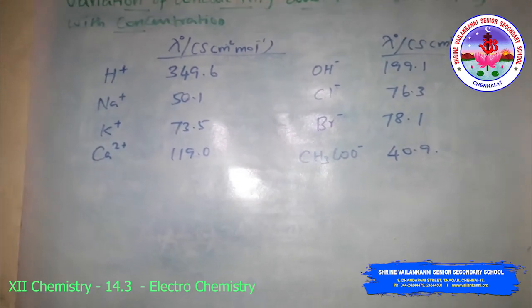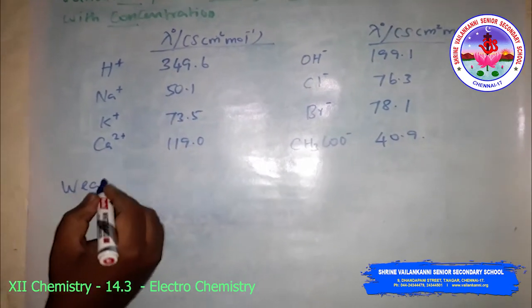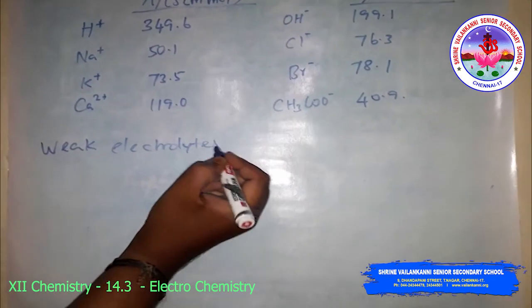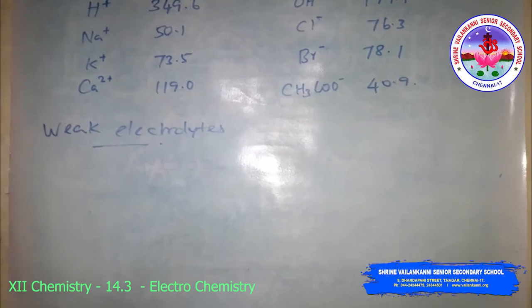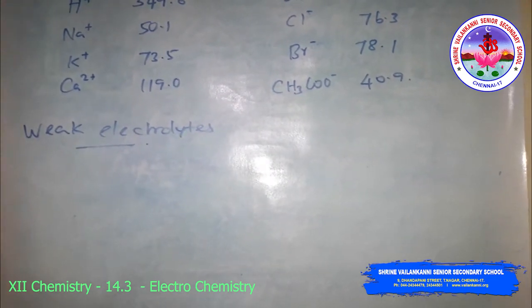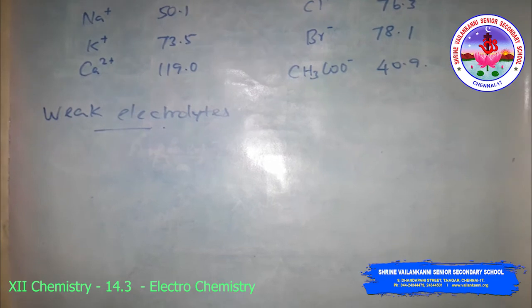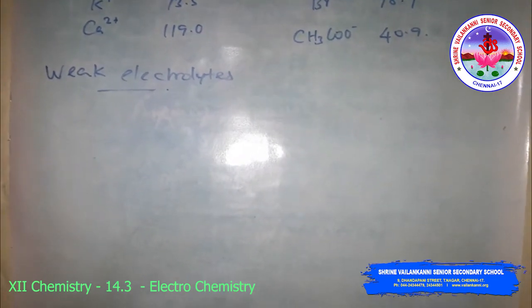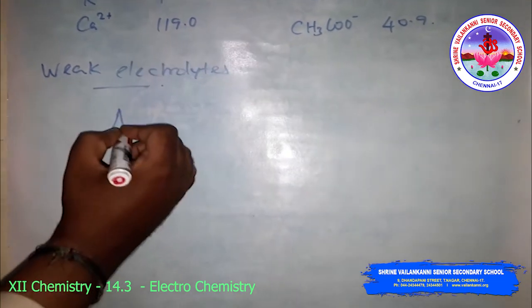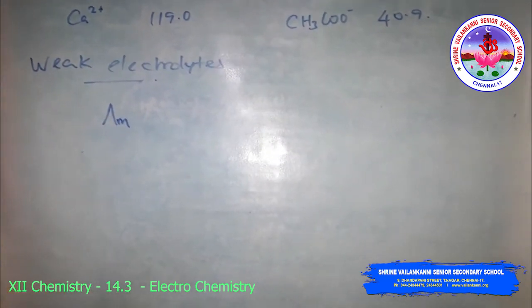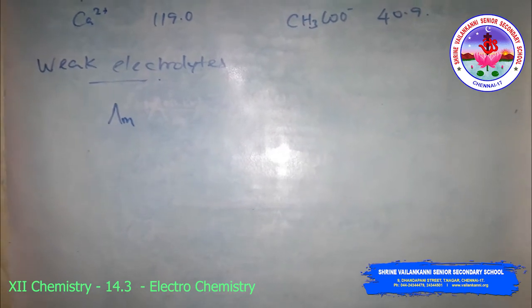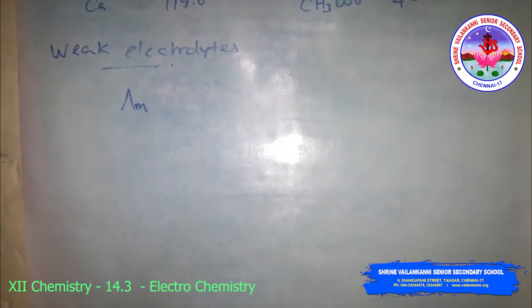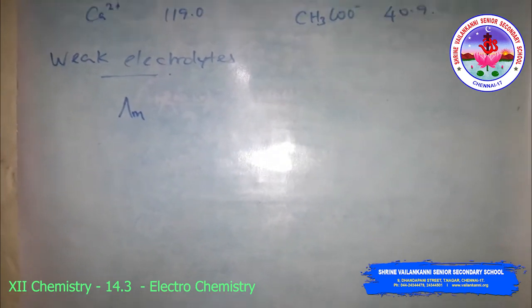Next we will see the weak electrolytes. For a weak electrolyte like acetic acid, the degree of dissociation is lower at higher concentration. The change in molar conductivity with dilution is due to the increase in the degree of dissociation, and consequently the number of ions in the total volume of solution that contains 1 mole of electrolyte.